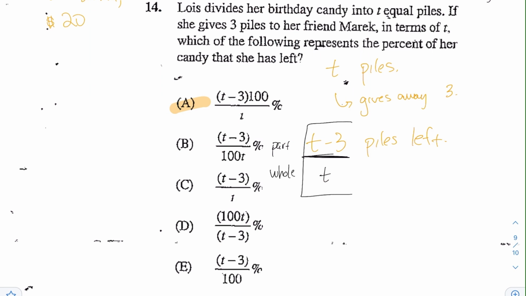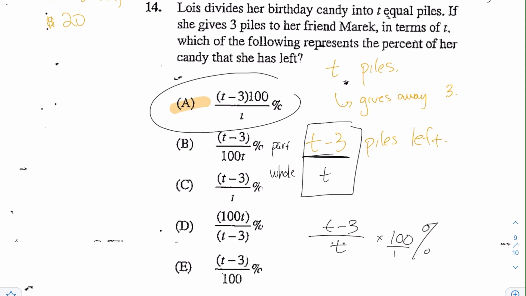So this is the part that she has left. It's T minus 3 divided by T. Now that's a fraction. To turn a fraction into a percent, you have to multiply by 100 and put a percent symbol. So this 100 is really 100 over 1, and that's choice A. It's T minus 3 in parentheses times 100 divided by T, and that's your percentage.